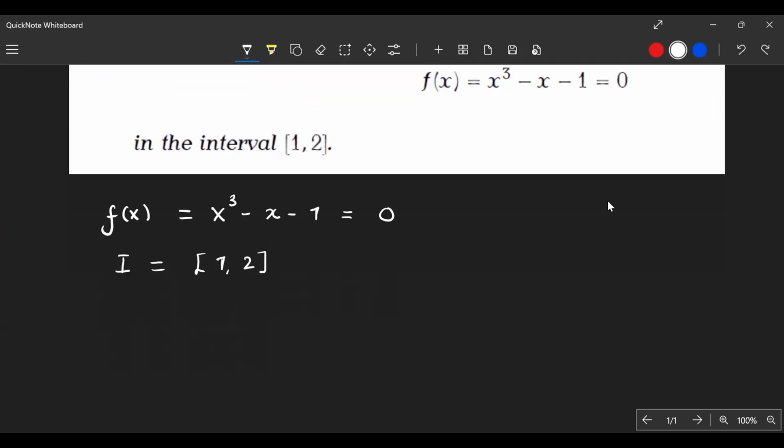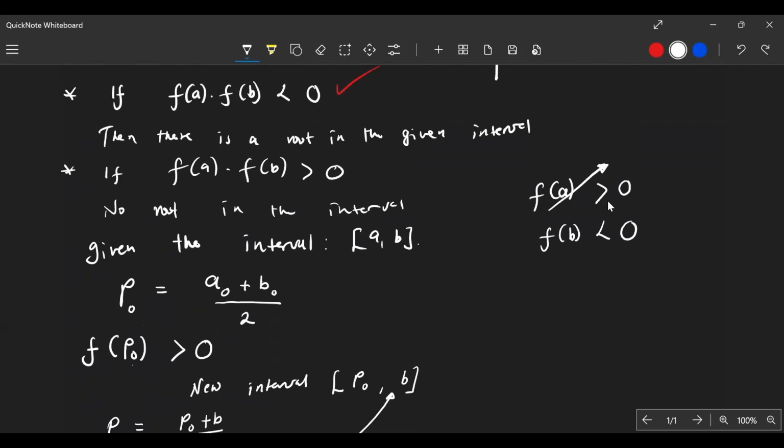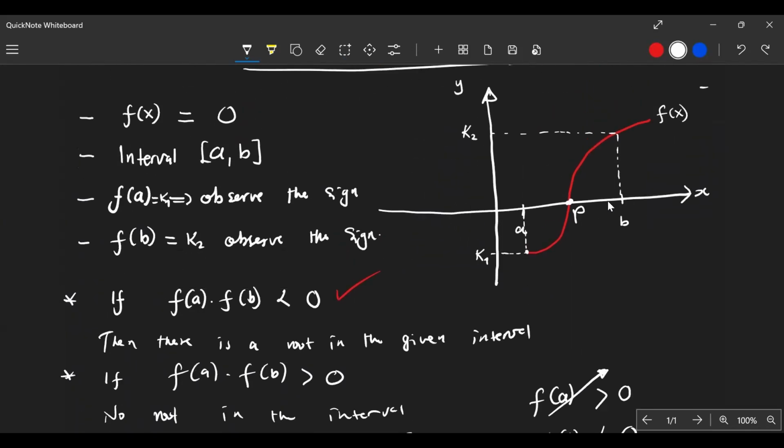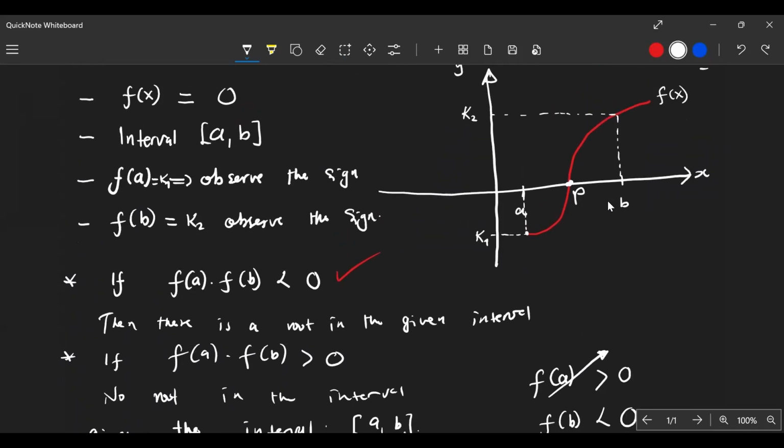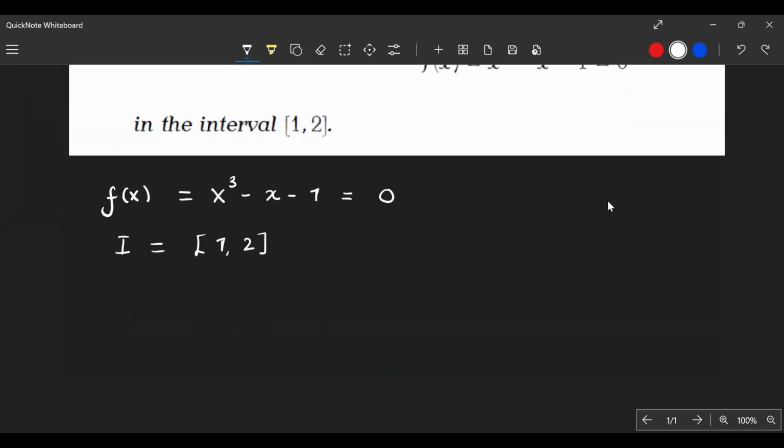First, remember the procedures: first test the change of sign in the given interval. So our A naught is equal to 1, and B naught is equal to 2. So let's test f of A naught, which is the same as f of 1.